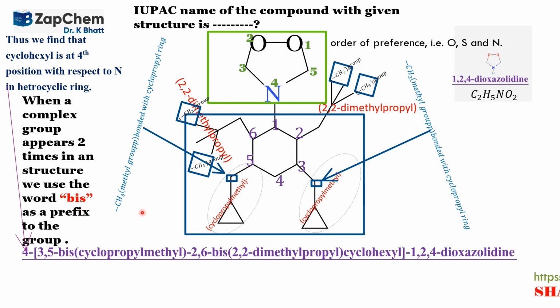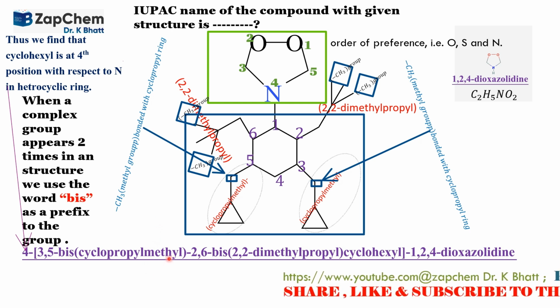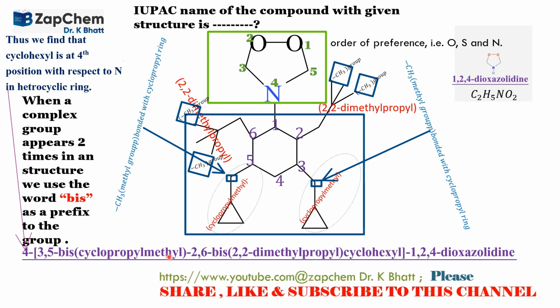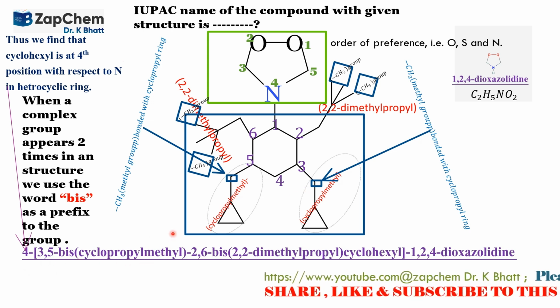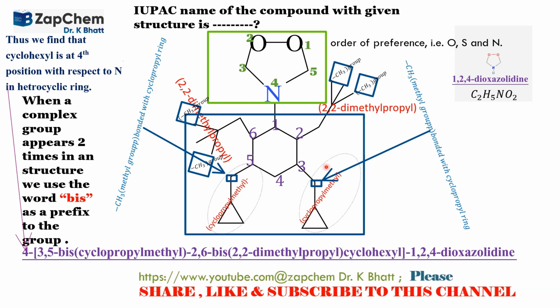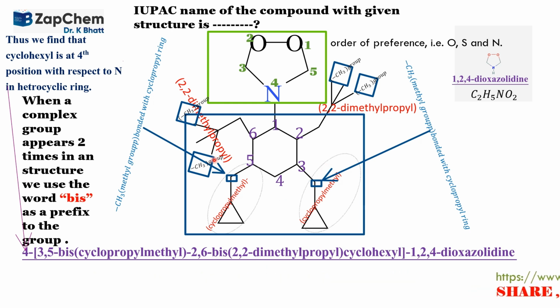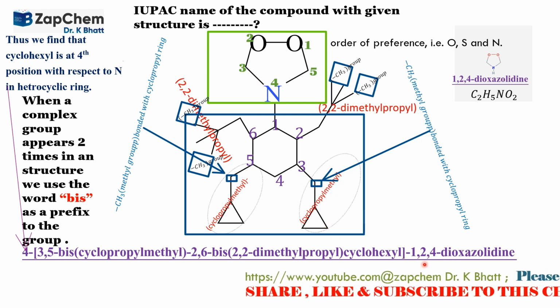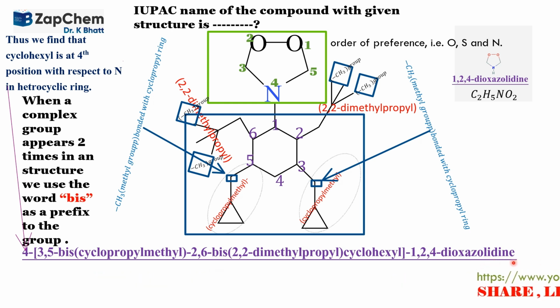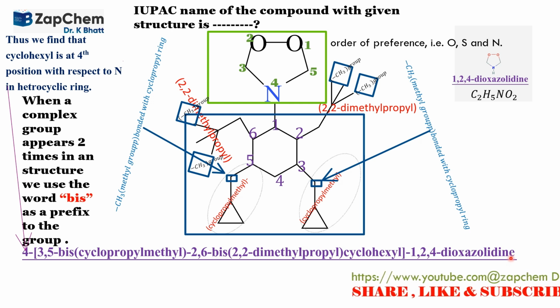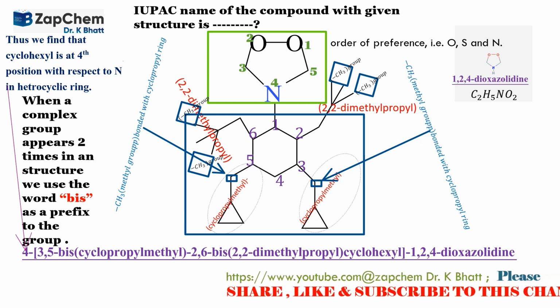So finally, this can be named as 4,3,5-bis(cyclopropyl methyl), 2,6-bis(2,2-dimethyl propyl), cyclohexyl is here, and the heterocyclic ring is 1,2,4-dioxazolidine. So that's the name coined for this structure.